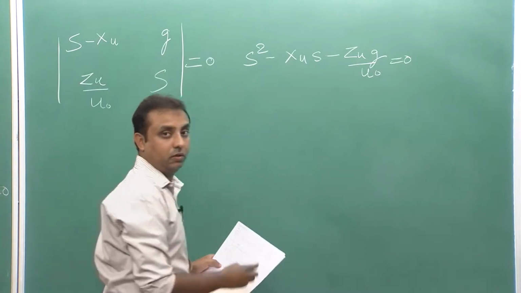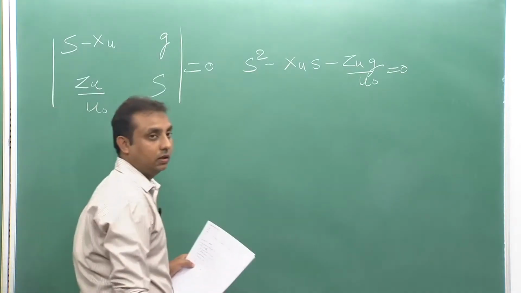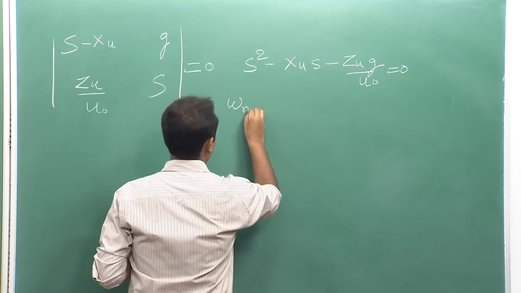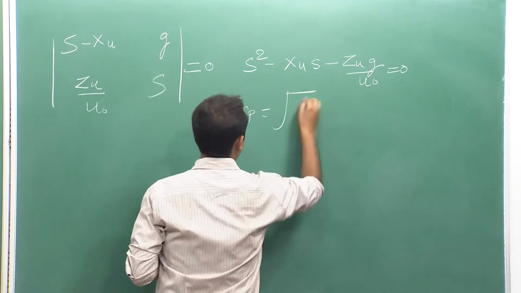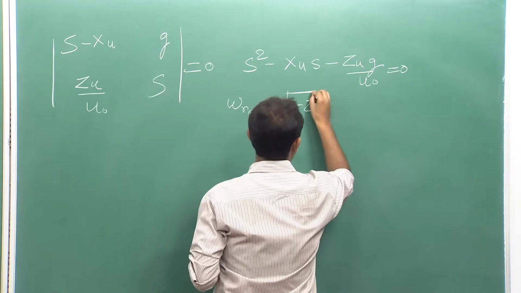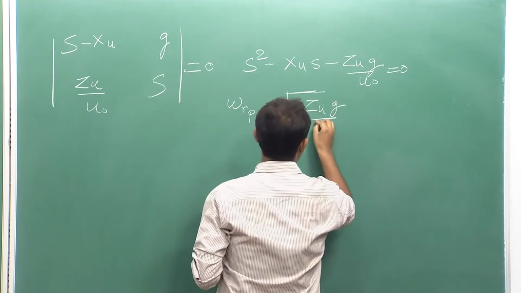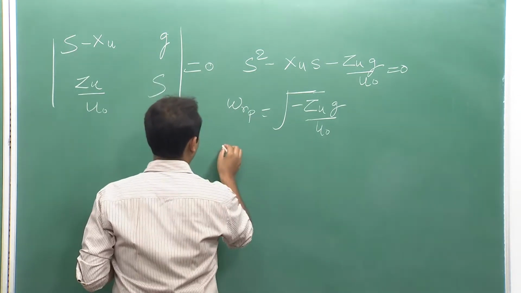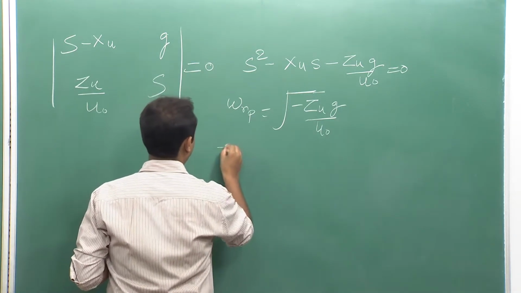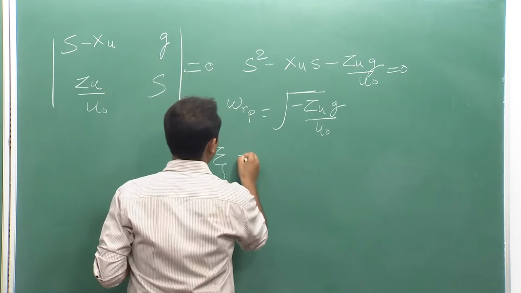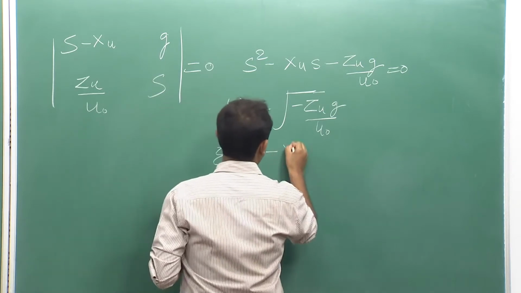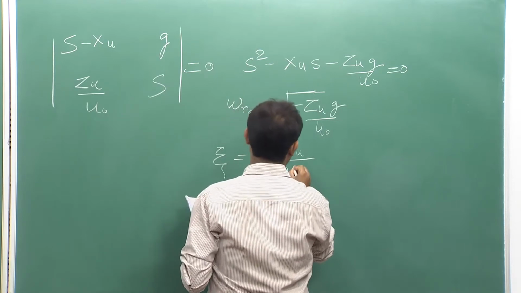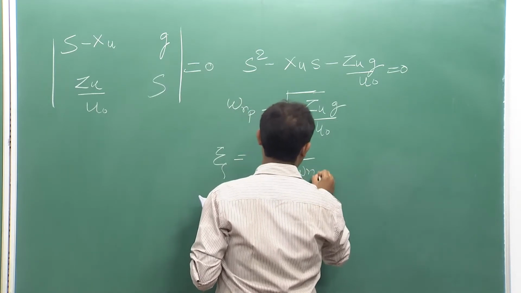From this characteristic equation we can see that the natural frequency for phugoid mode will be under root of minus ZU G upon U naught. Similarly, we can derive the value of zeta, that is zeta will be minus XU divided by 2 omega n p.